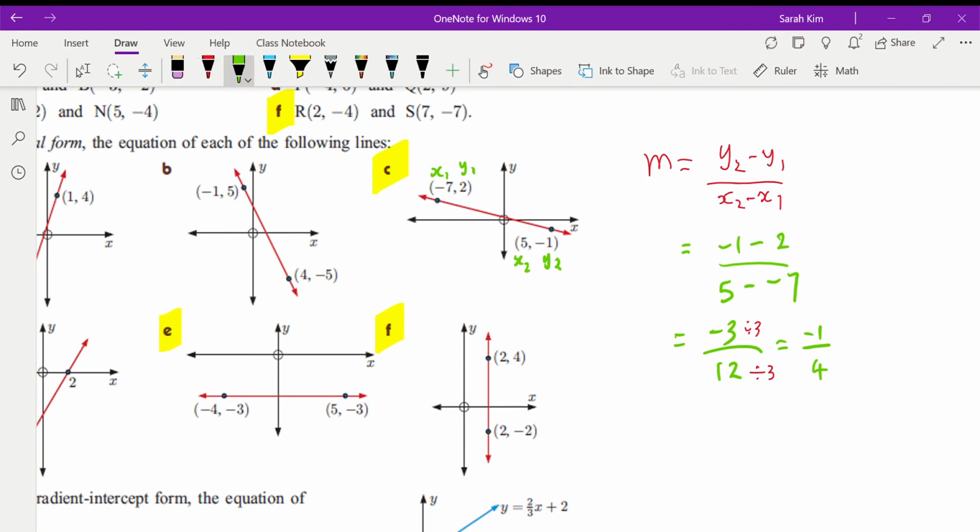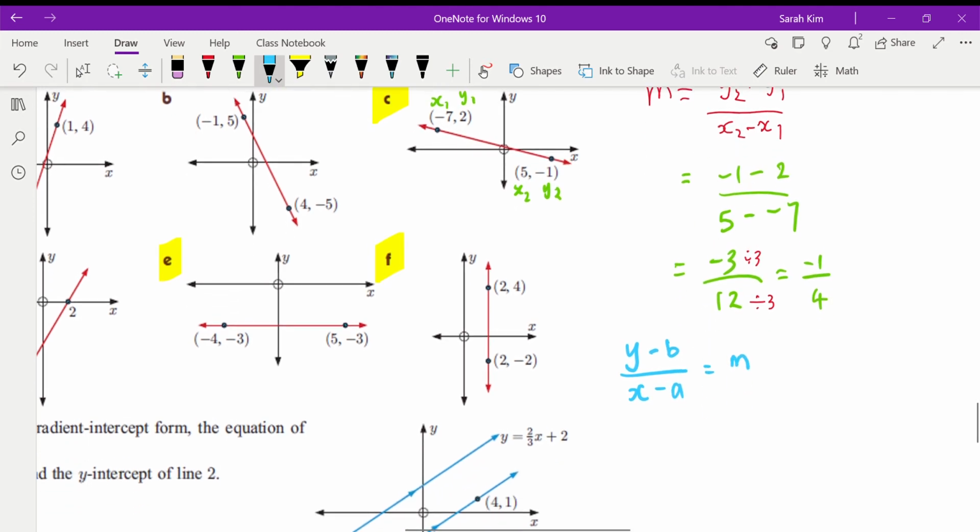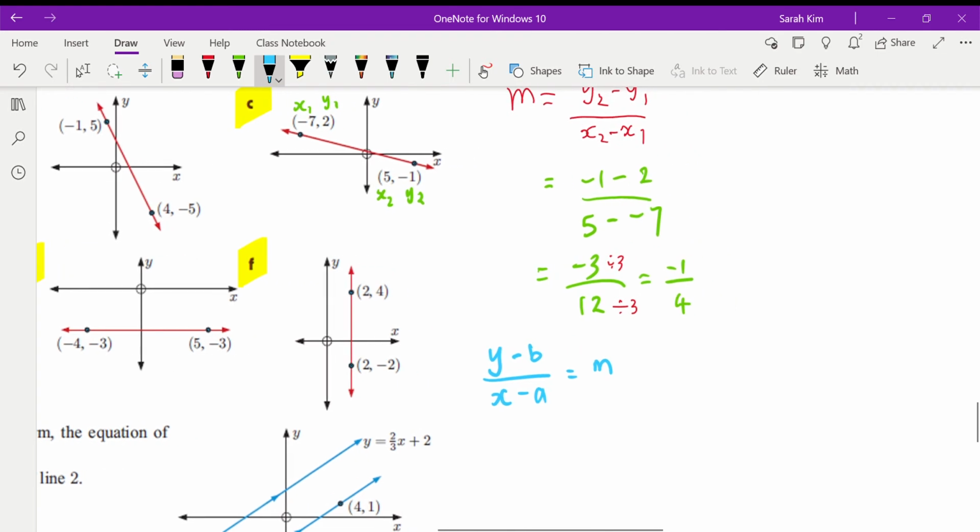So when I write the general form, all I have to do is put the general formula, y take B, x take A equals M. Let's substitute those values in. I have to choose just 1 point. I'm going to choose this one just because it's the first one. All I have to do is leave the y and the x. Remember, that doesn't change.